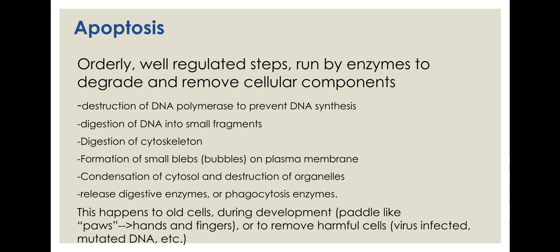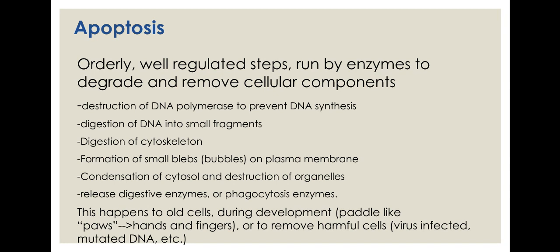We're going to break down the existing DNA into small fragments. We'll start to digest the cytoskeleton. And if we don't have the cytoskeleton as the support, our cell is really going to start to fall apart.